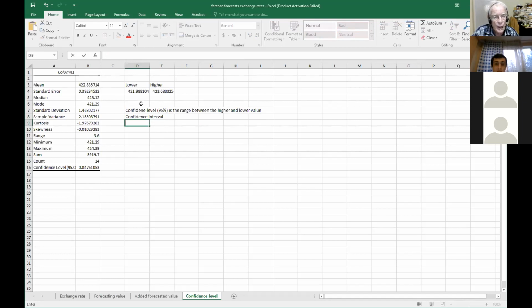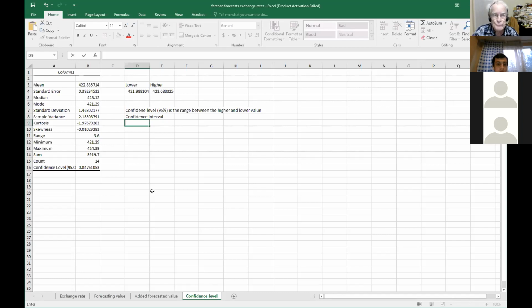So I placed my forecasted value for the 2nd of April in a column, in an added forecast value, and I constructed the descriptive statistics model.